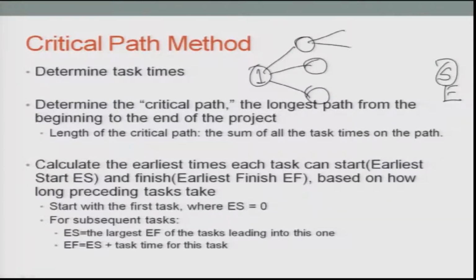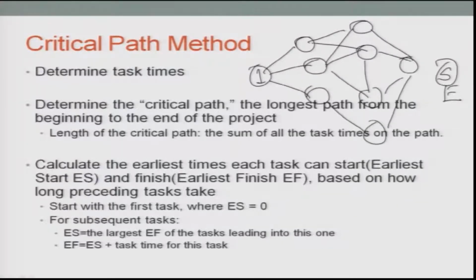They can continue like this, jobs are there, they are connected to each other, and the relationship continues till you reach the end. So, you have 1, 2, 3, 4, 5, 6, 7, 8, 9, 10 and 11.